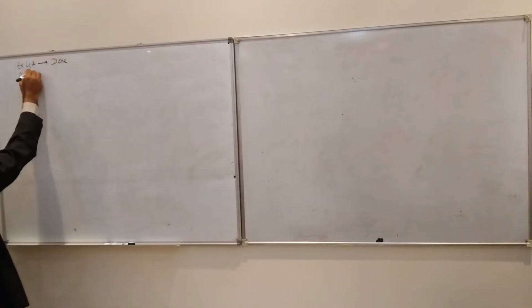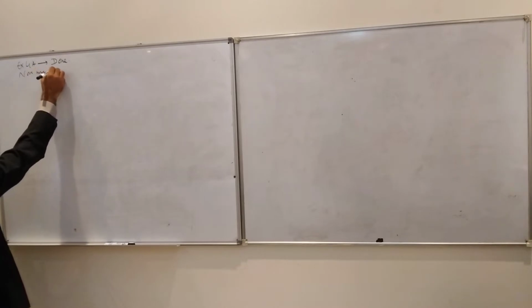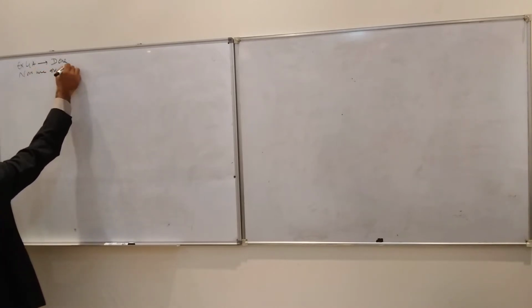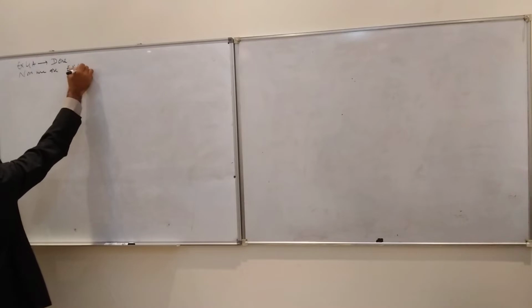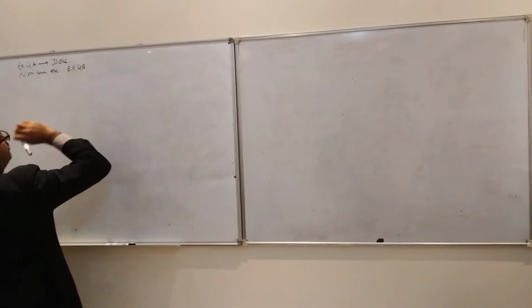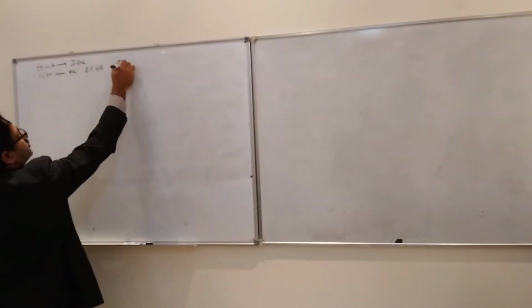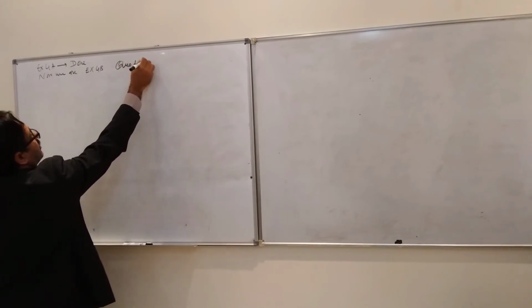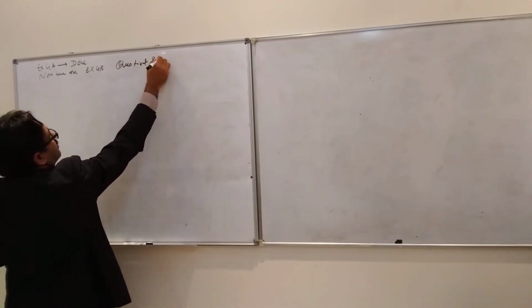Now we are starting exercise 4B. Here we are using the quotient rule.